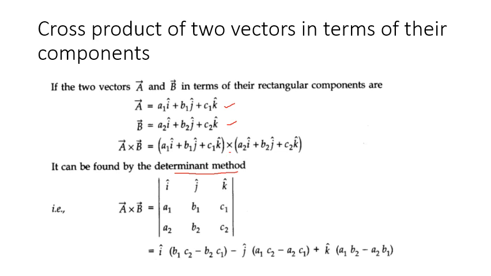A cross B equal to, in the first row, so we have three rows here, I, J and K, the unit vectors. These are rows and these are columns. So we have a 3 by 3 matrix.